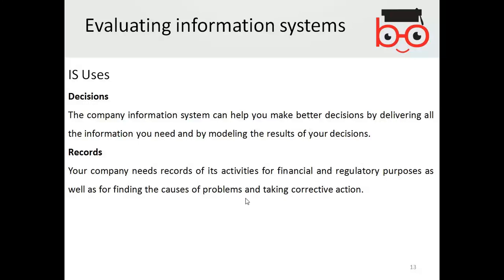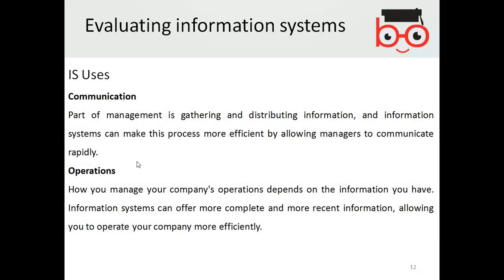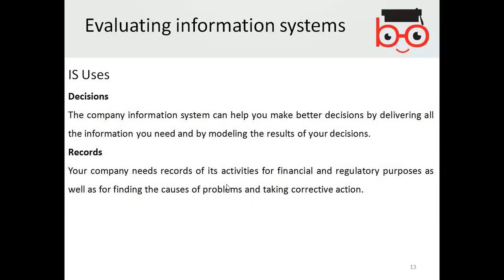Those records help to tackle corrective actions, whichever problems occurred within the information systems in the organization. So uses could be more, but record keeping, decision support, operations and communications are some of those uses, and they are beneficial when you are using information systems.